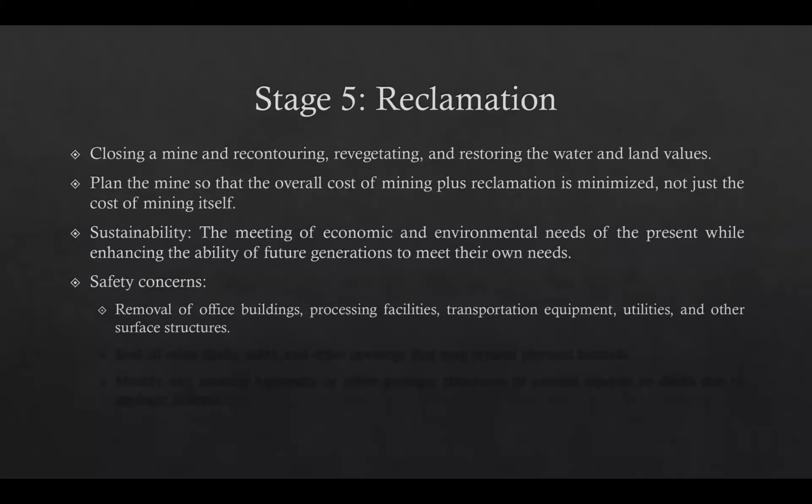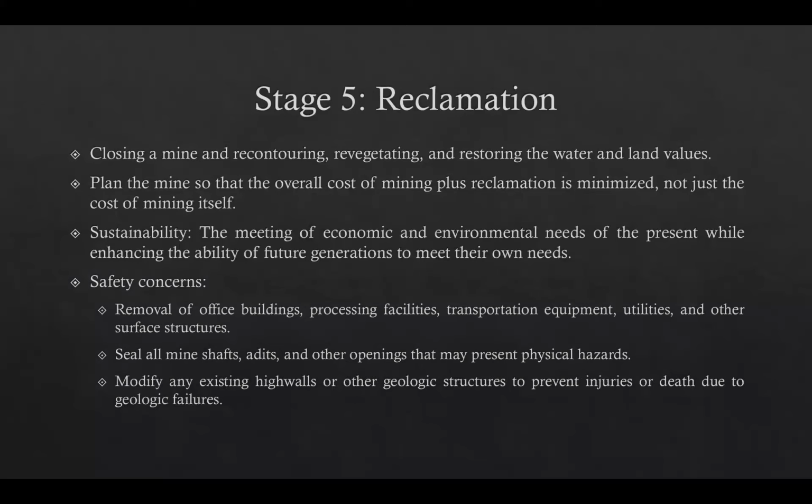The mining company is then required to seal all mine shafts, adits, and other openings that may present physical hazards. They also need to modify any existing high wall or other geologic structures to prevent injuries or death due to geologic failures.